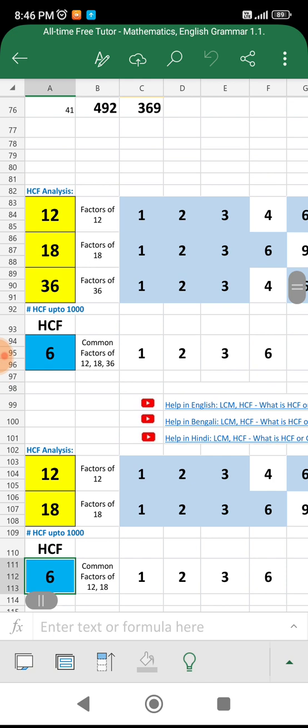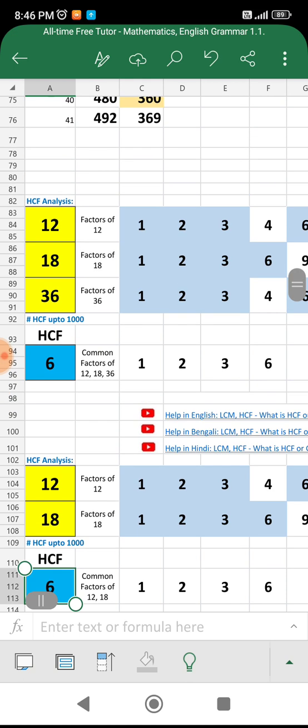In case of three numbers also, similarly, I have to write the factors list of 12, factors list of 18, and factors list of 36 also.